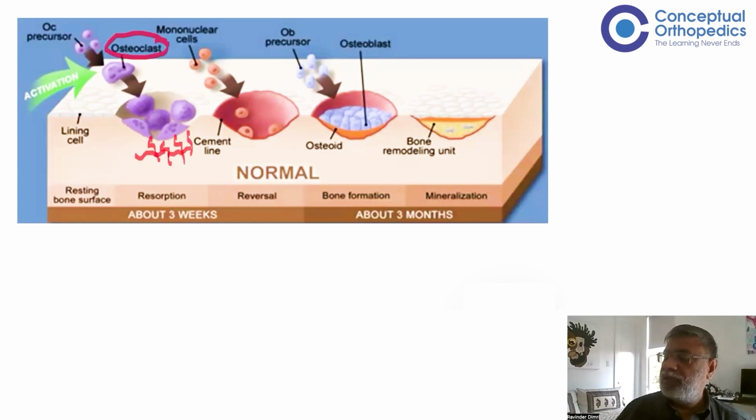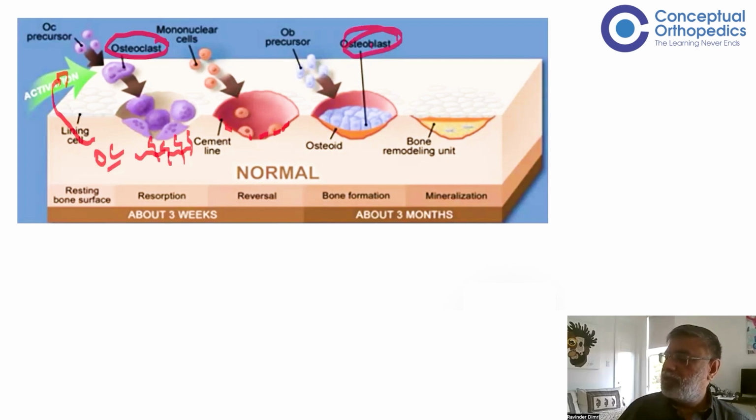Previously, we used to say these are lining cells, but now we know that most likely these are osteocytes, which have a lot of dendrites and canaliculi, and they signal the activation of osteoclasts, saying, I am broken here, come over. Then osteoclasts come and form a pit by absorbing bone.